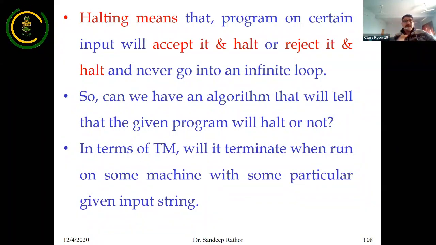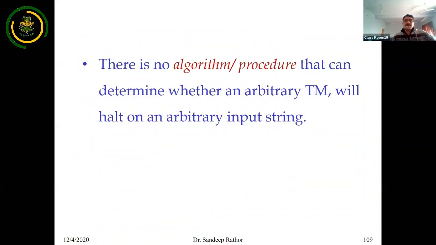Can we have any algorithm or procedure that will tell you that the given program will halt or not? In terms of a Turing machine, will it terminate when run on some machine with some particular input? There is no algorithm or procedure that can determine whether an arbitrary Turing machine will halt on an arbitrary input string. This is the simple statement of the halting problem, right?